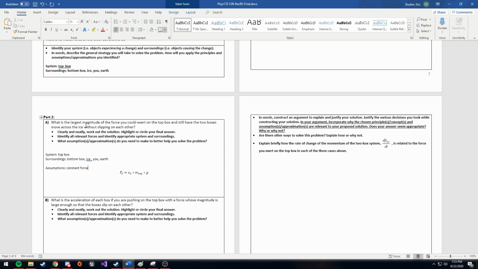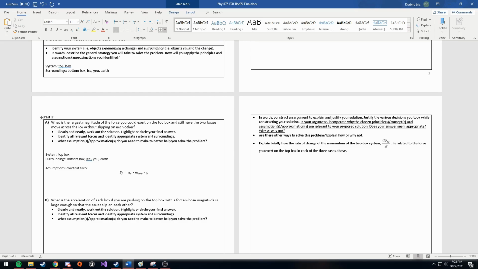It's the same thing, because we're going to pretend the bottom box doesn't move relative to the top box, so we can pretend it's like the ground, and then the question becomes a lot simpler.